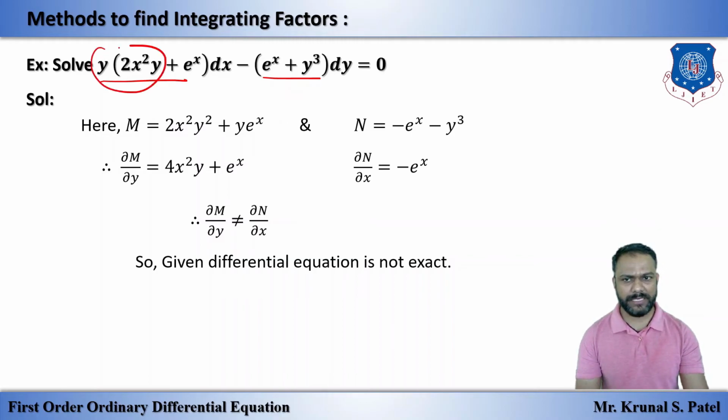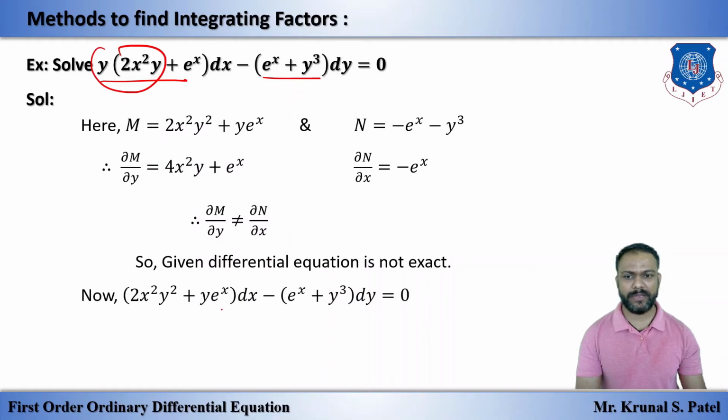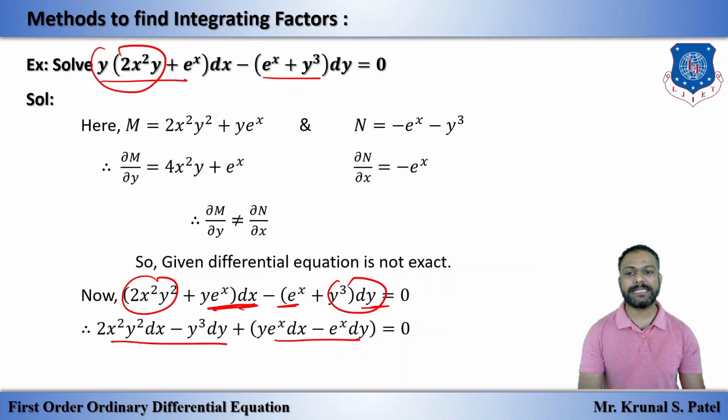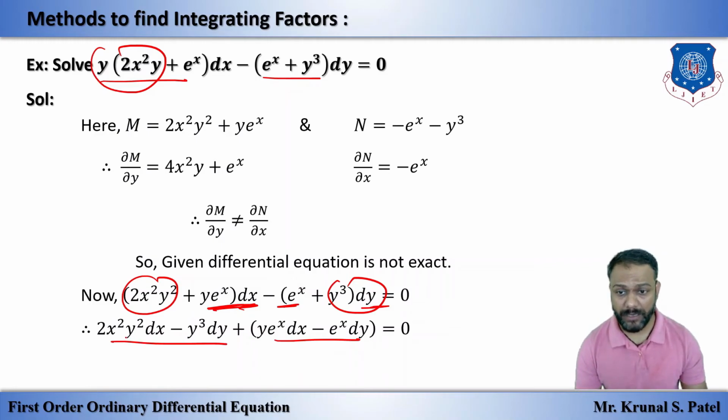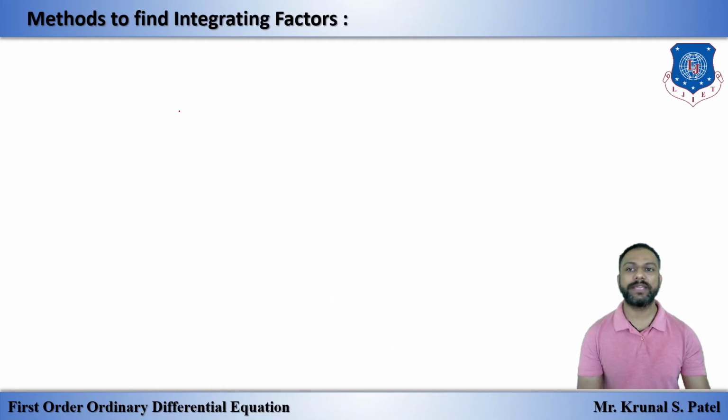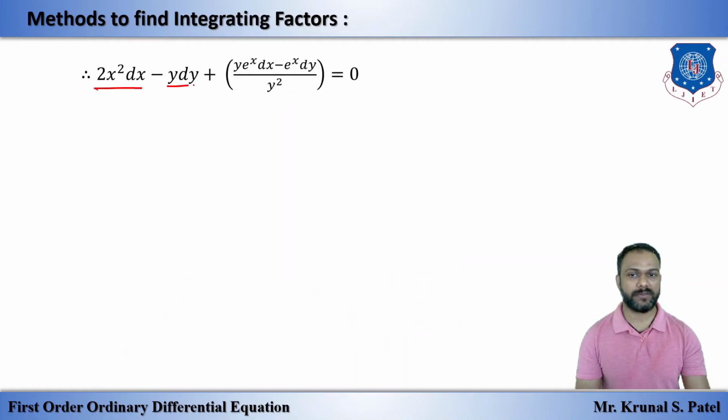If we multiply with this, so we have y dx and this, so we open this bracket, and we take these two terms, this term with dx and this term with dy together, and then e raised to x with dx and dy together, so you can see that we take x square y square common, so we have, that means divided by y square, 2x y dx. So integration of this is possible with respect to x, integration of y is possible.